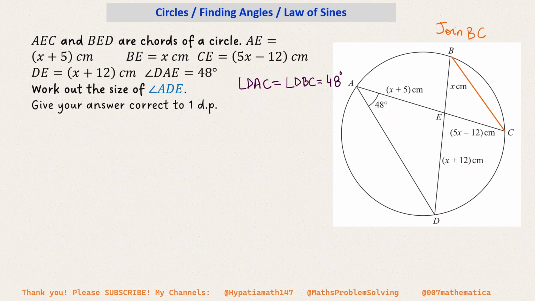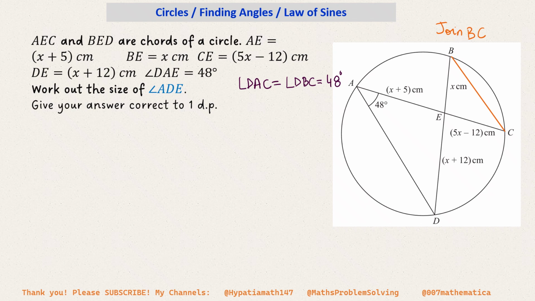So if you join BC, you do get a lot of angles that would be equal, beginning with 48 degrees. So you get angle DAC is equal to angle DBC is equal to 48 degrees. Now that doesn't help much.